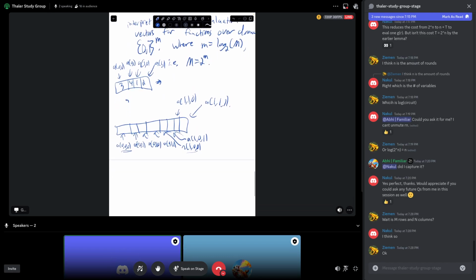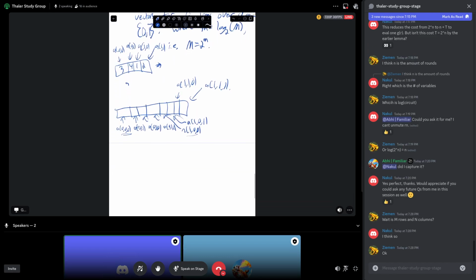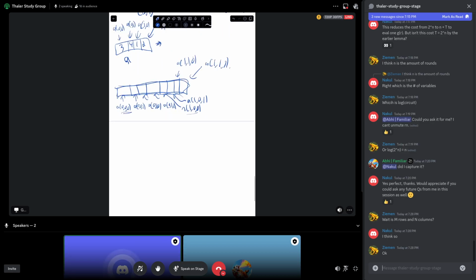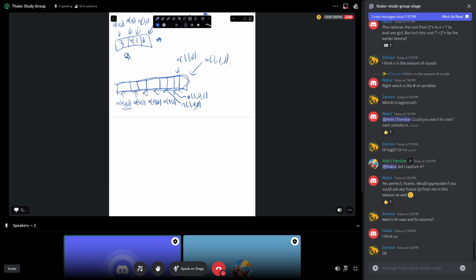Okay, so once we do this interpretation, and I'm abusing notation here, I'm using little a to denote both a vector of length 8 and a function whose domain is {0,1}^3. But there should be no confusion, and they're really the same object. It's just how we're interpreting it. The nice thing is, once I'm talking about a function defined over {0,1}^m, I can talk about its multilinear extension.